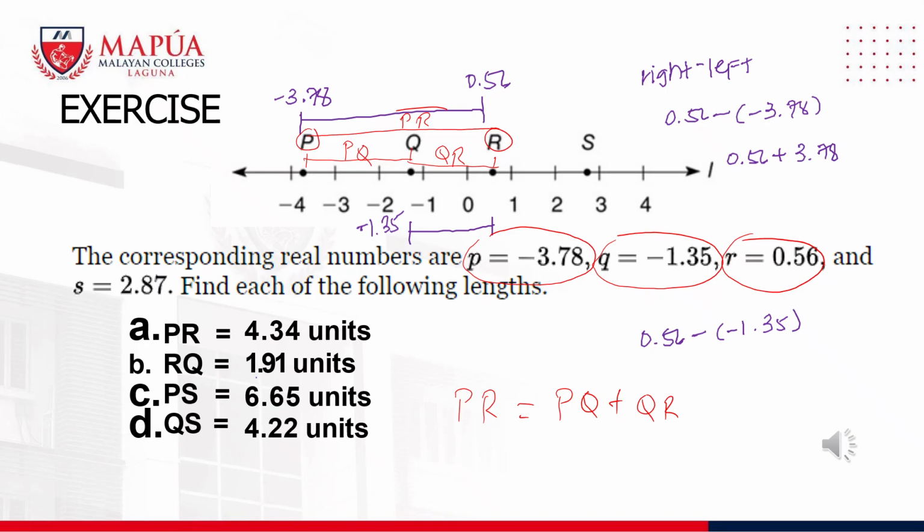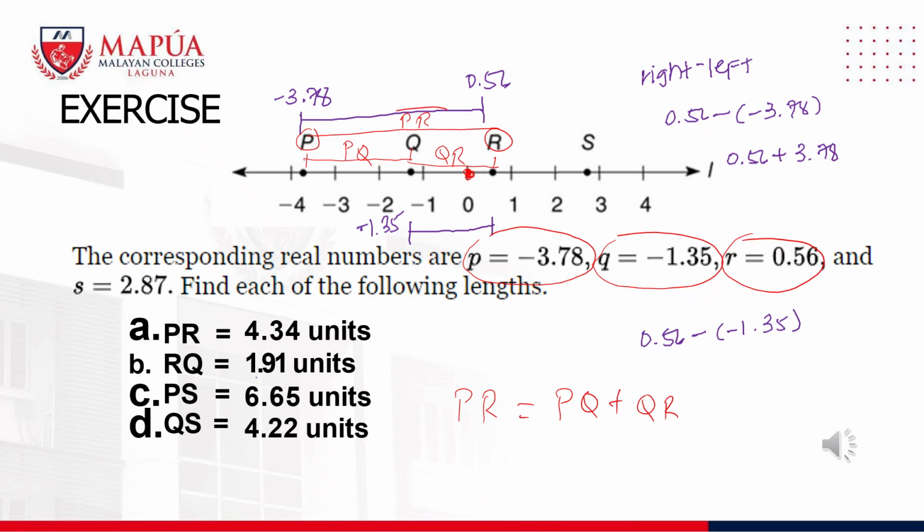From the center, class, this is the center, and on the number line, numbers going to the right are positive: 1, 2, 3, 4. Then to the left, you have 1, 2, 3, 4, but negative.